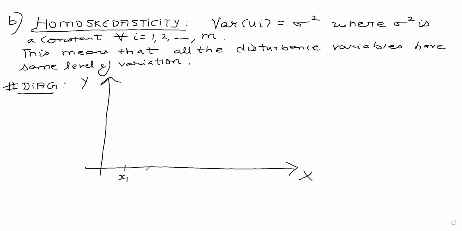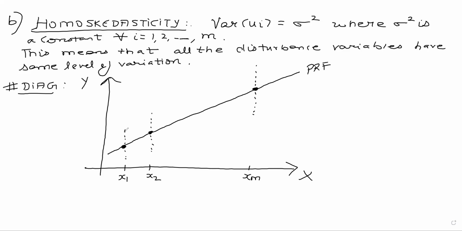X is taking fixed values x1, x2, and I can stretch it on till xm. For every value of x, y itself is a random variable. This is expected value of y given x equal to x1, x2, xm. I join this, I get the population regression function.